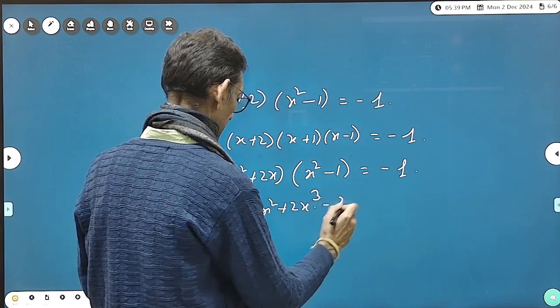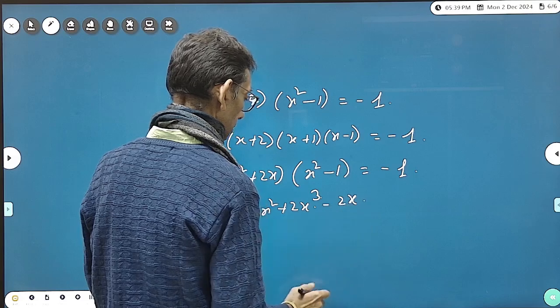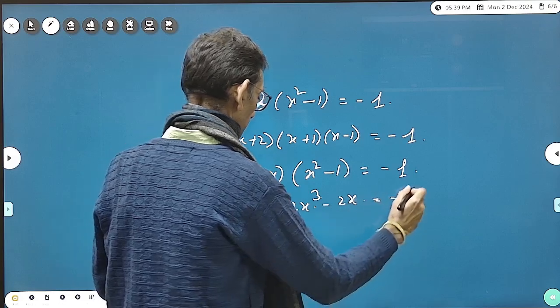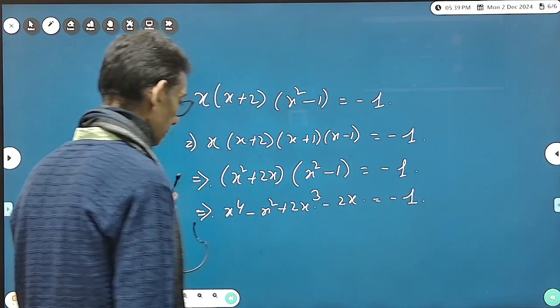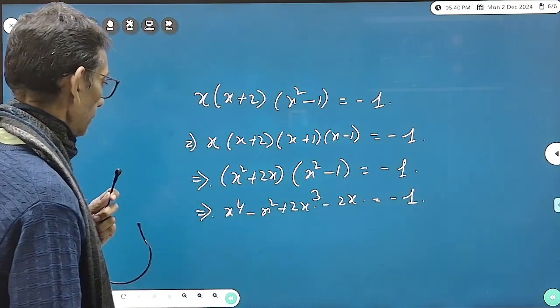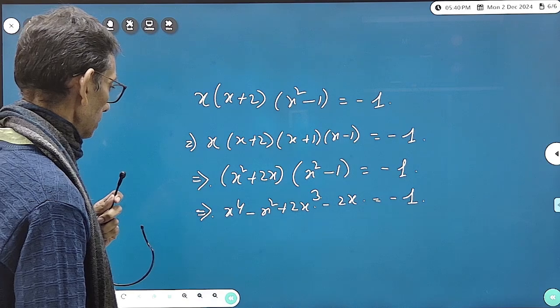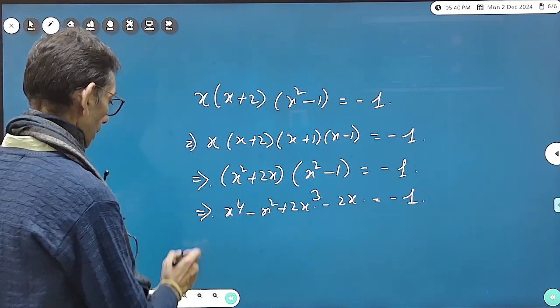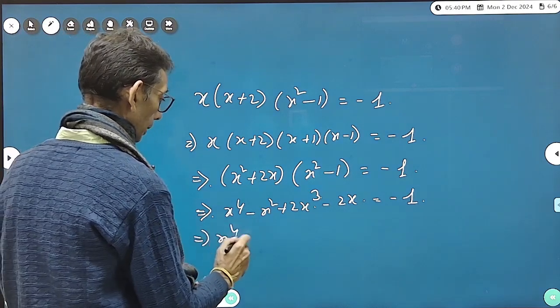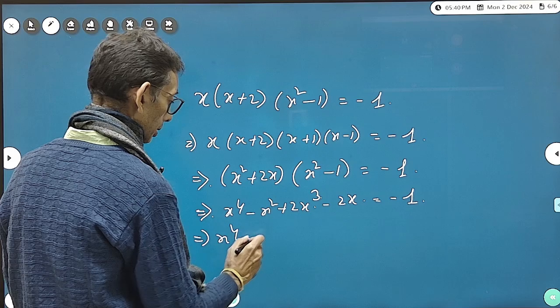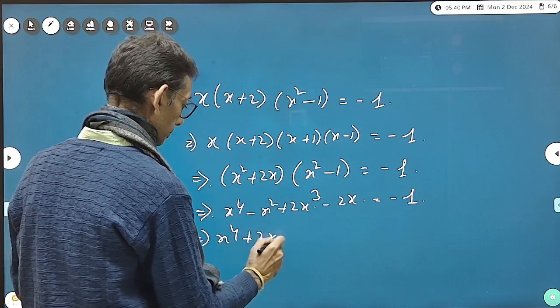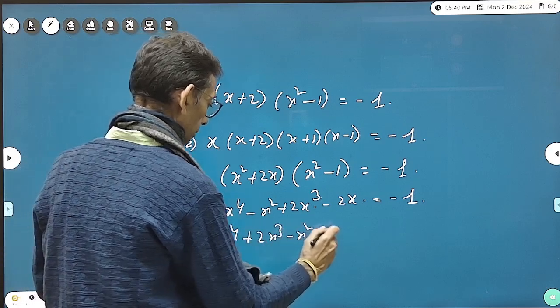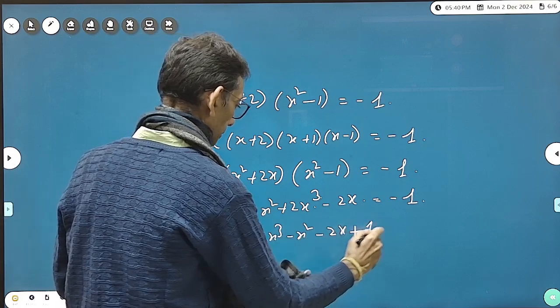Minus twice x, then equal to minus 1. When you multiply, x to the power 4, minus 1. This implies x to the power 4 plus 2x cube minus x square minus twice x plus 1 equal to 0, right? Okay?